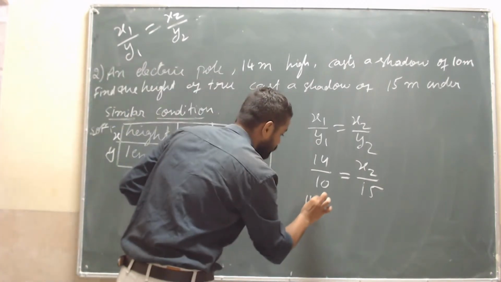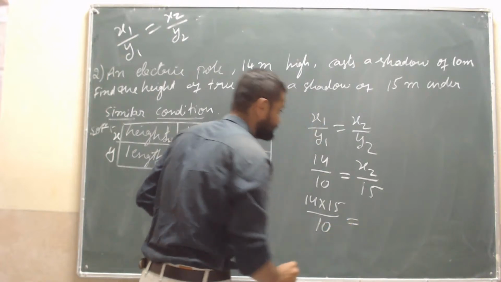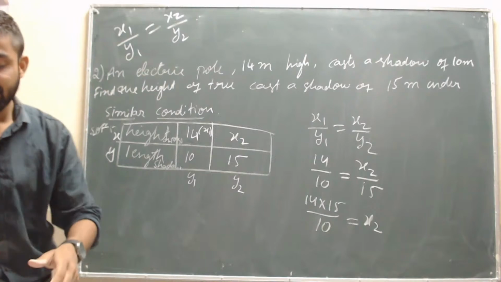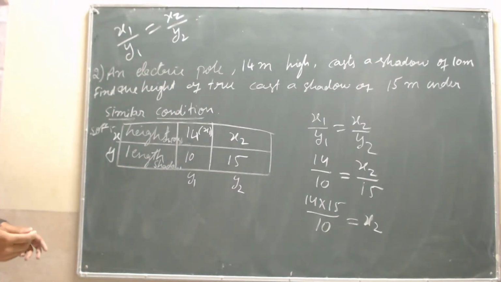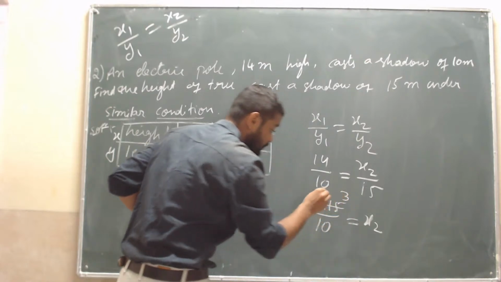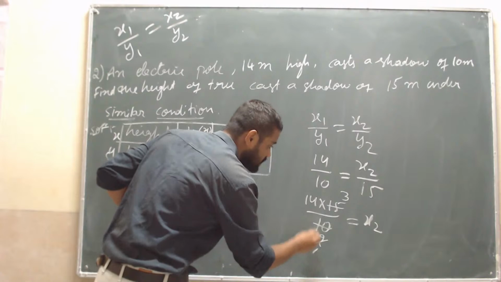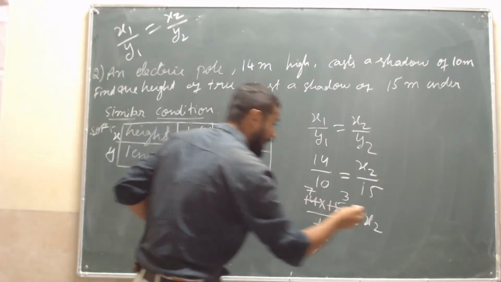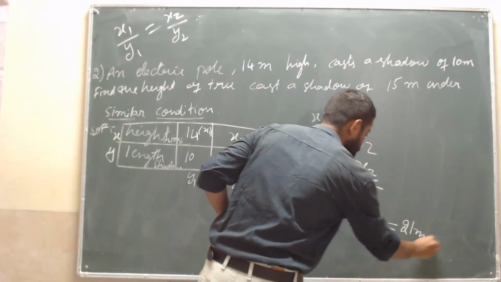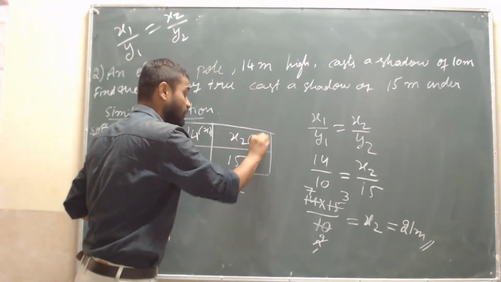Simple, sir. 14 into 15 divided by 10 is equal to x2. How can we solve this? 5 3s are 15 and 5 2s are 10. 2 1s are 2, 2 7s are 14, and the x2 value is 21 meter, students, 21 meter.